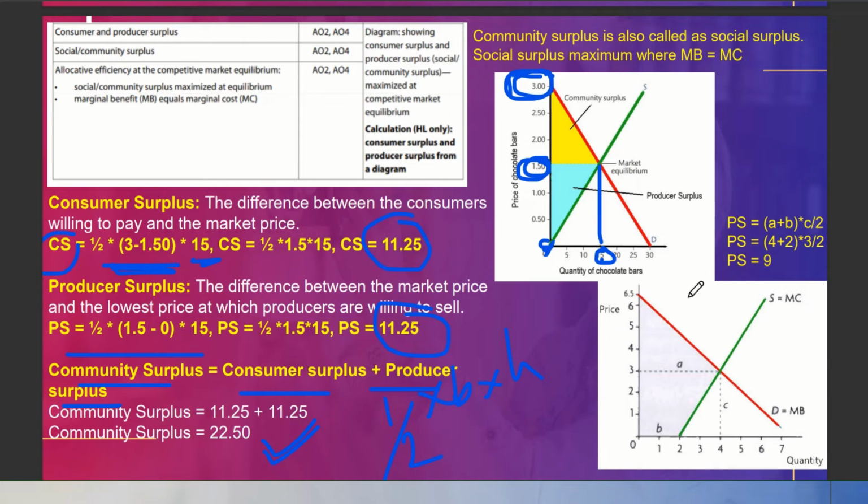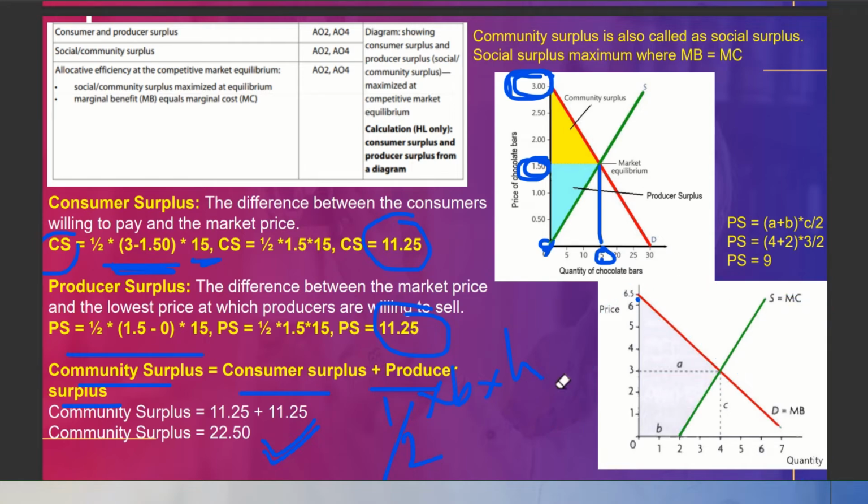And then sometimes, in order to confuse us, the diagram may be like this. This diagram below is slightly different from the above one. In this case, remember, the demand curve is here, the supply curve is here.